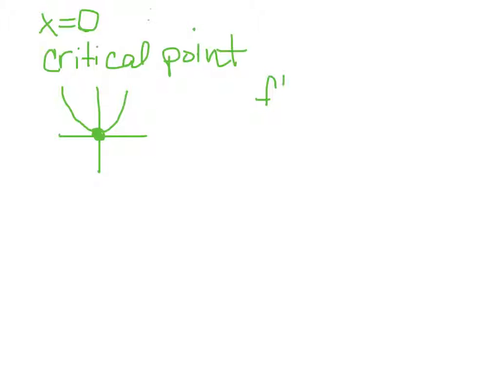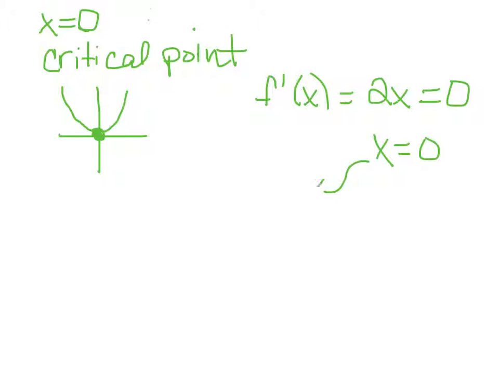If the derivative is 2x, we're not always going to know what that looks like. So what we do is we take that derivative and we set it equal to 0, and then we just solve. In this case, x would be equal to 0. So that would be how we would determine a critical point.